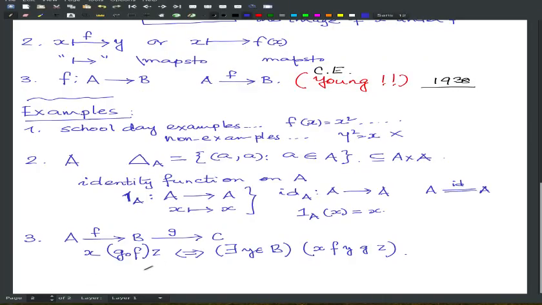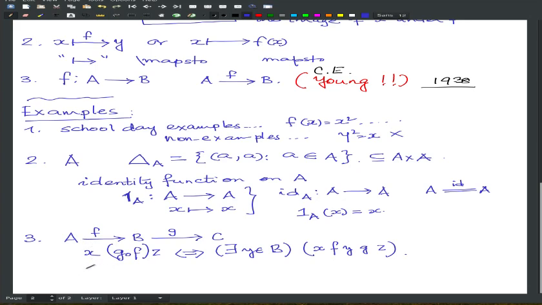But now observe, this g composed f is also a function. Why? Obviously we can see that the domain of this composite relation is A, as all of us know.